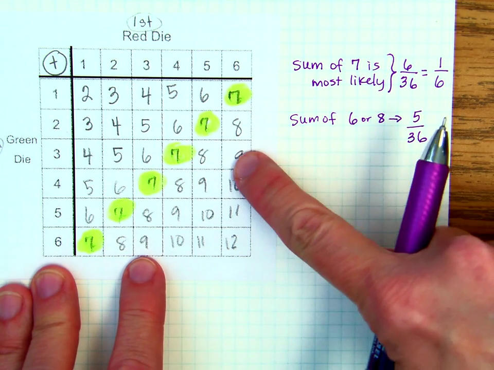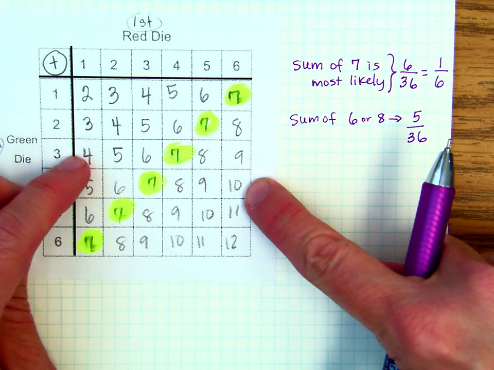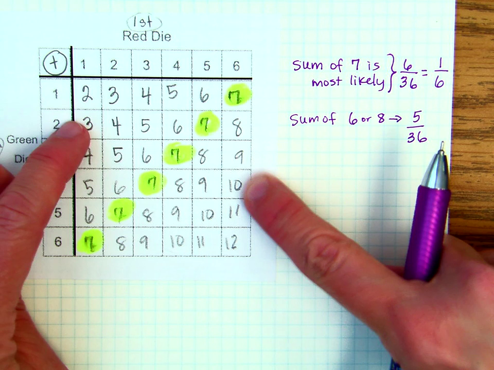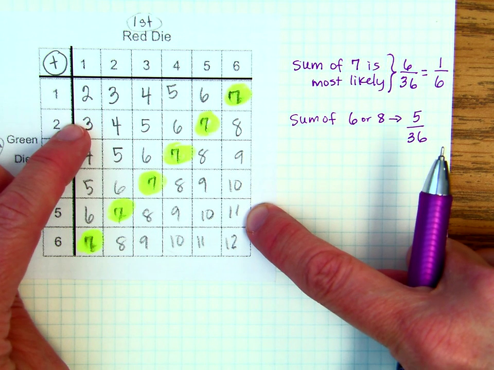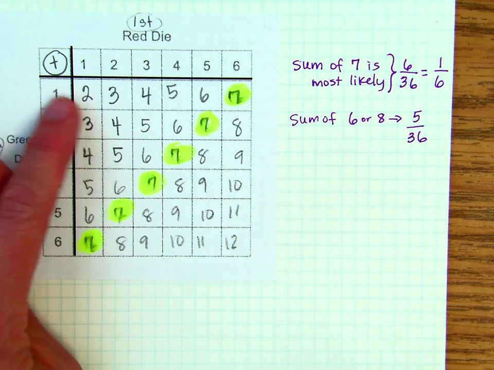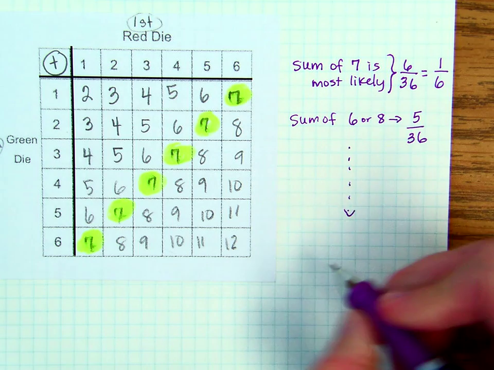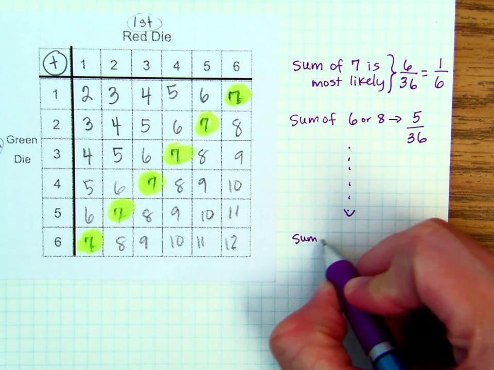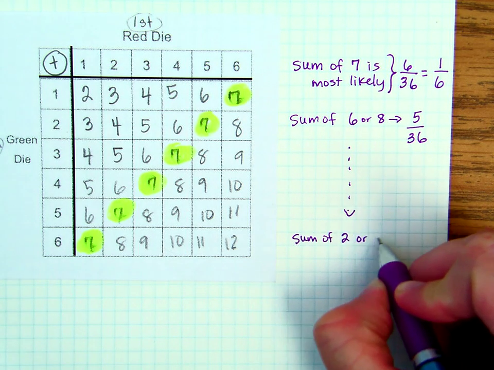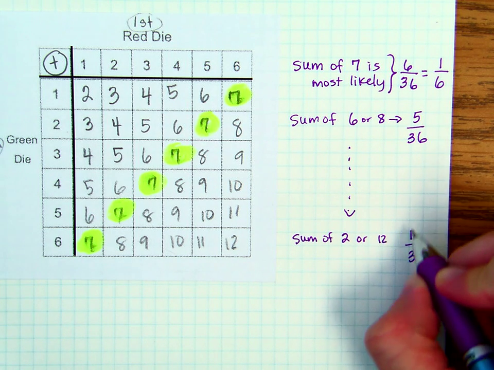Then we have 4 out of 36 for 9 and 5, 3 out of 36 for 10 and 4, 2 out of 36 for 11 and 3, and 1 out of 36 for 12 or 2. So it keeps on going down all the way to the sum of 2 or 12, 1 out of 36.